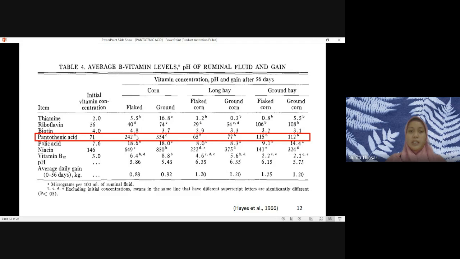We can see that the pantothenic acid is higher in the corn, around 200, and the ground one is the higher one, 300.